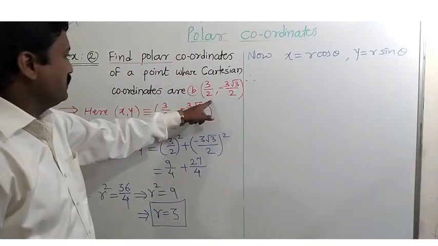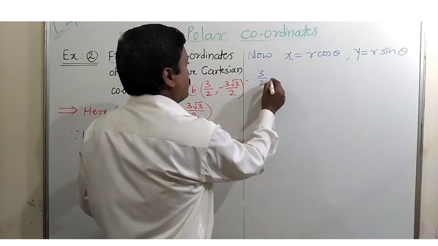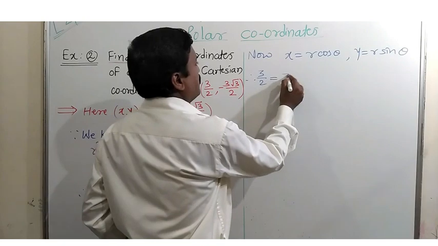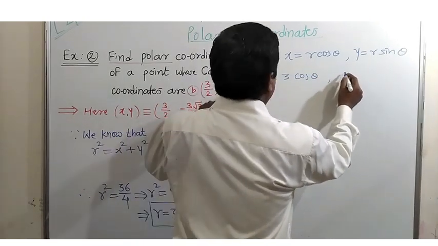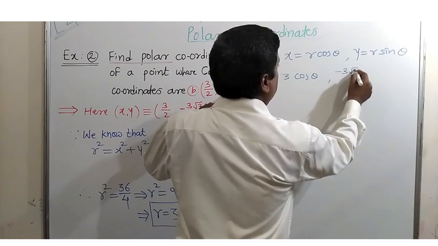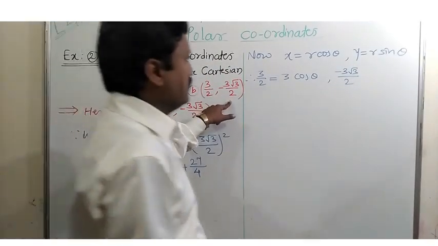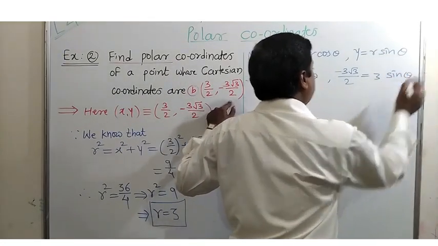Therefore here x is 3 by 2, so 3 by 2 equal to, the value of r is 3, let us use it here, 3 cos theta. In the second equation we get minus 3 root 3 upon 2, this y is the given y coordinate, r is equal to 3 and sin theta as it is.